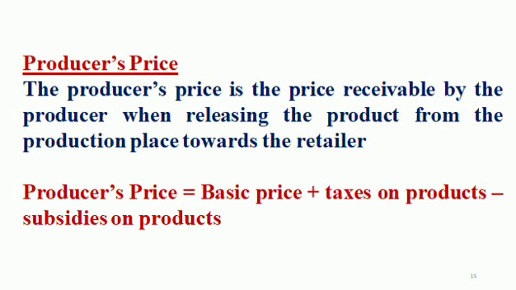Producer's price is the price paid by the retailer. So producer's price would be basic price plus taxes on products minus subsidies on products. So the retailer will bear taxes on the products and benefit from the subsidies.